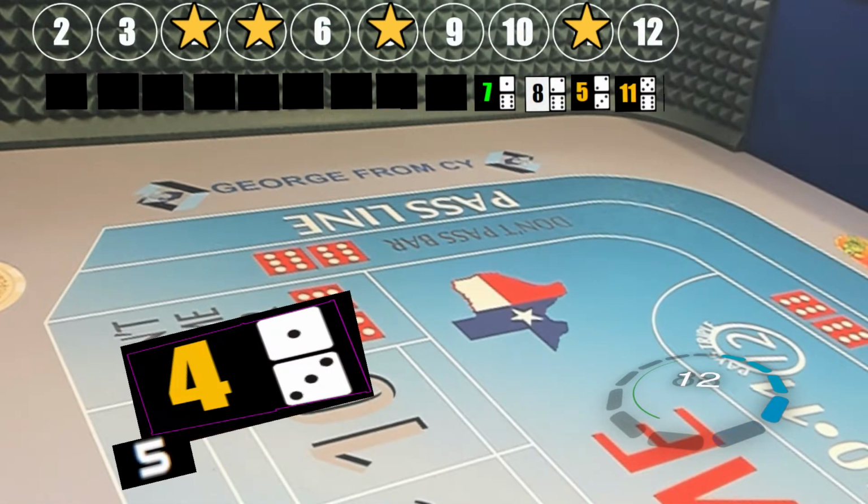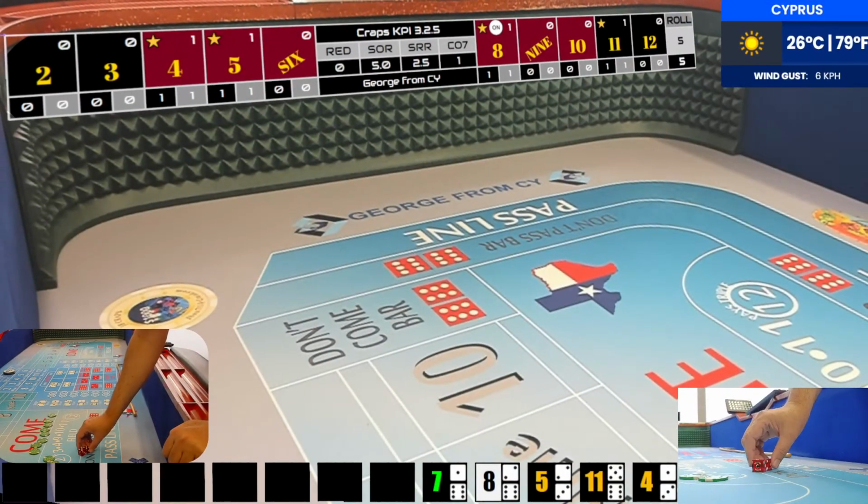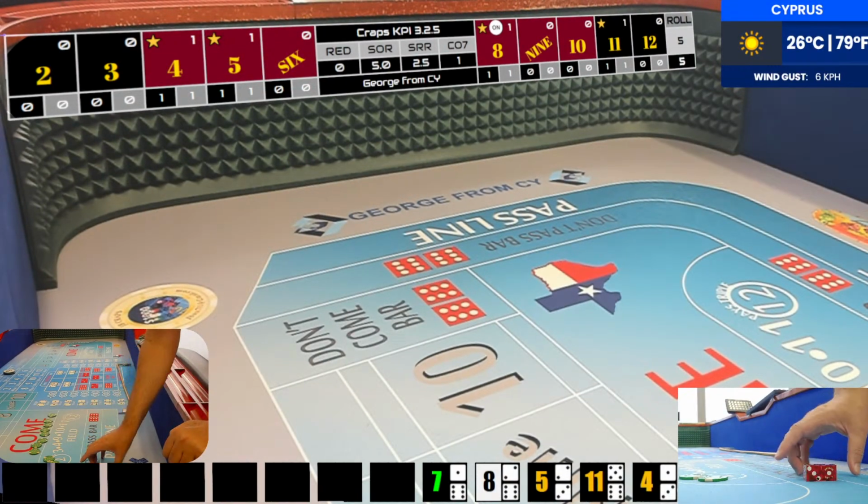So we finished with the 6s. Now we go to the 5s. And we'll start with the 5, 3, 5, 1.